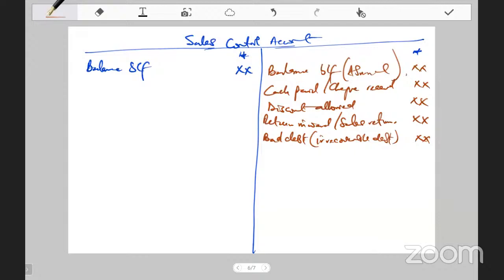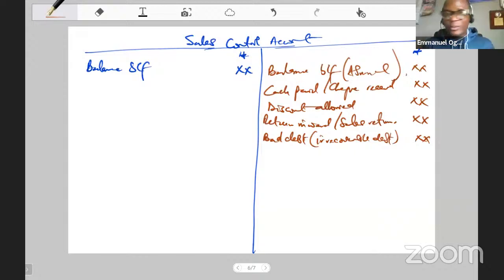Next. What happens if there was a bill that was issued? Bill receivable, from what my senior colleague taught you, is used as an unconditional statement that an amount is to be settled in future.